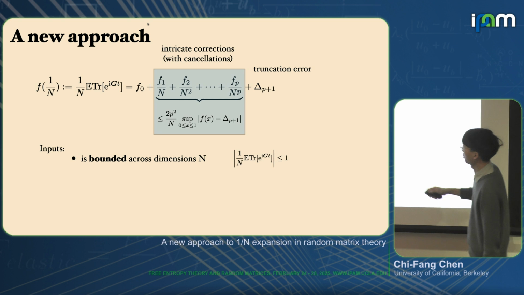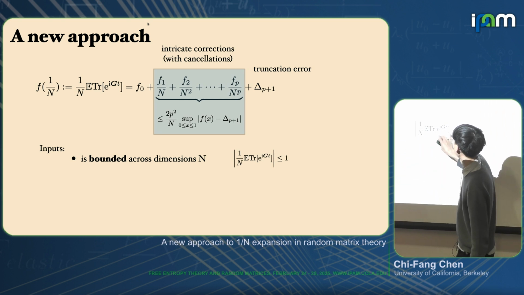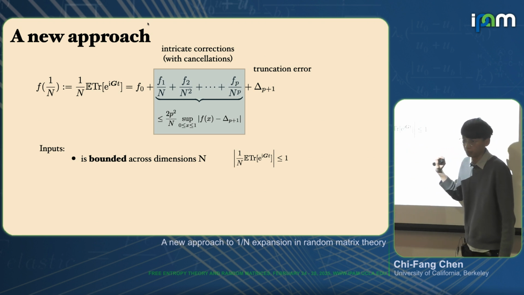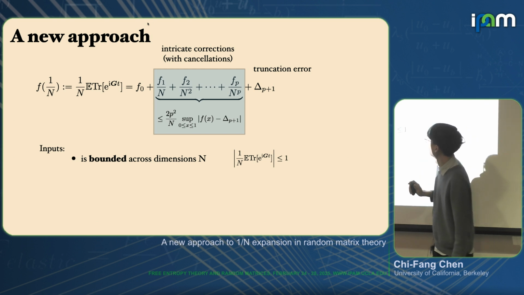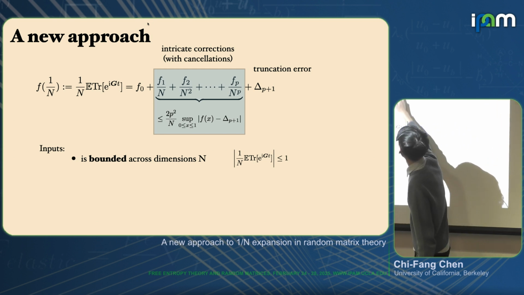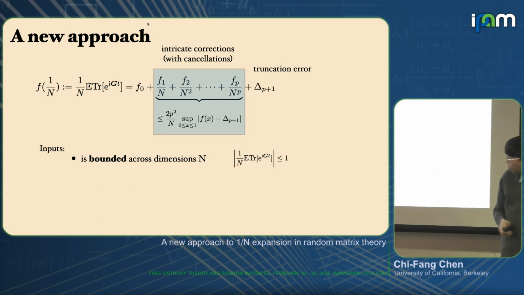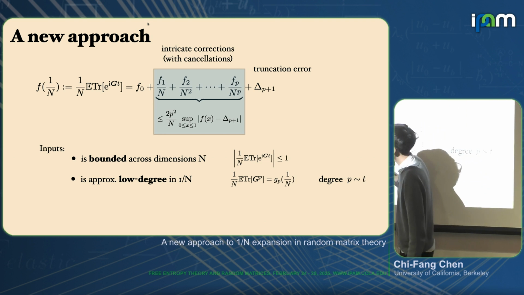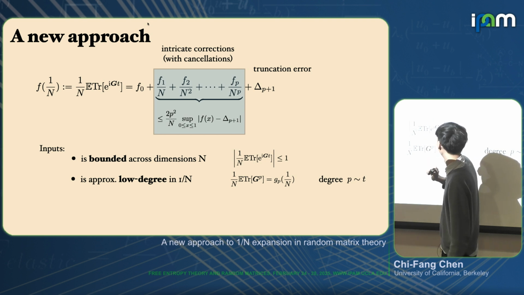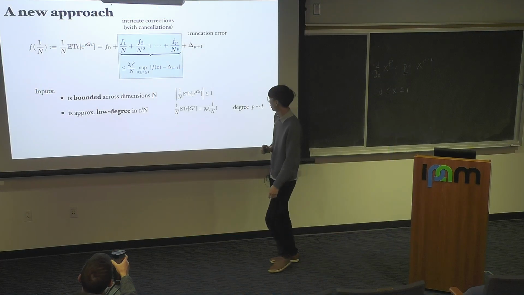Just to check that the proof works: this function is bounded across dimensions because it's a normalized trace of a unitary, and as long as the truncation error is small, this remains good. If you choose the truncation degree well enough, it would actually be roughly t. If you want e to the iGT, roughly this would be the right scale.